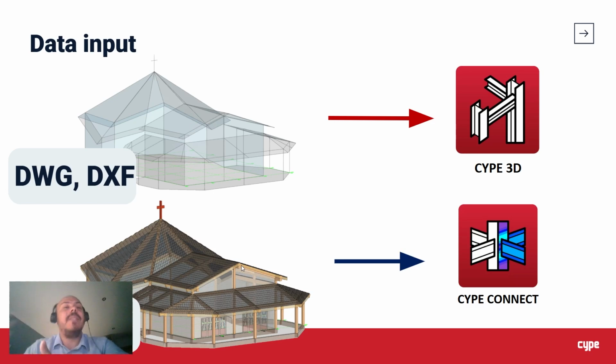The idea is the same, because actually Cype 3D and Cype Connect can also be used for timber projects, not only steel projects. If you already have this model, it means that you don't have to design the structure itself. You don't have to analyze it, because you probably already analyzed it before, and you can send this information to Cype Connect to then design the connections.